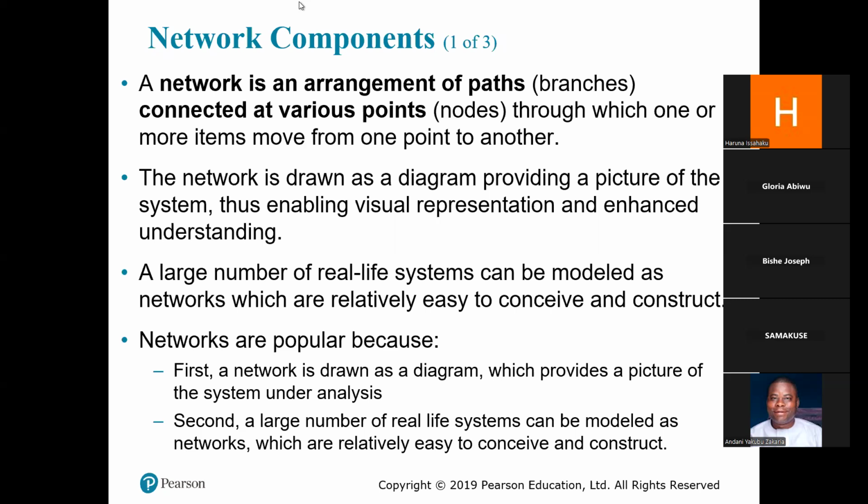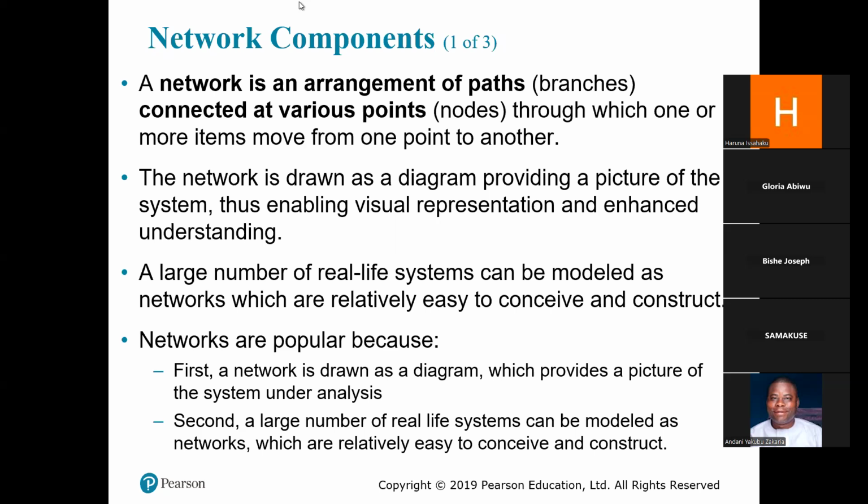The first reason is that the network is generally represented in the form of a diagram. And we know that generally we say a picture speaks louder than 1,000 words.